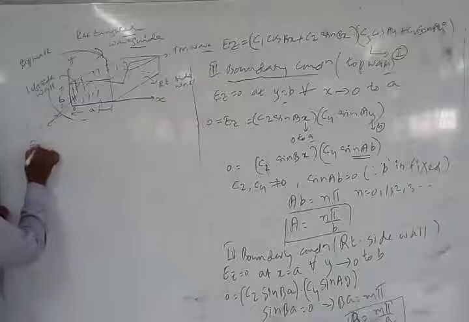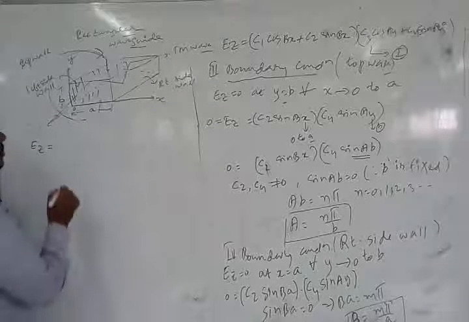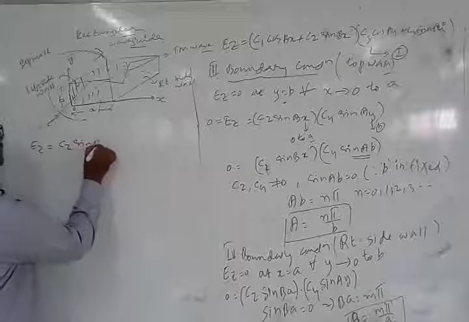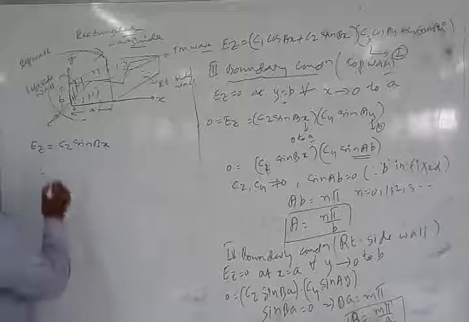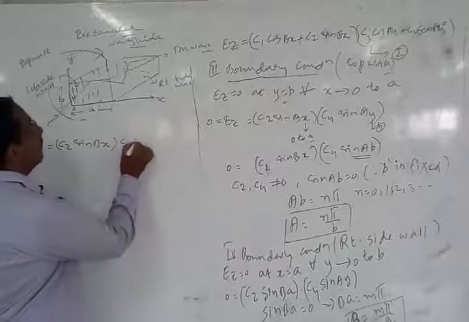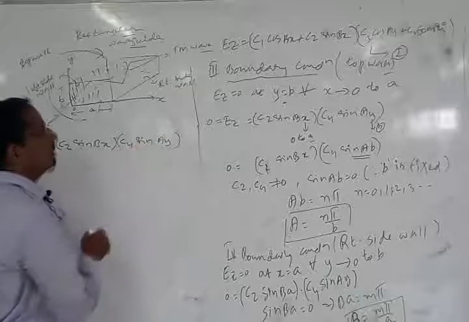So Ez is equal to, now what can I write? C1 has been made equal to 0, therefore that component is eliminated. C2 sin Bx, and C3 is also eliminated, therefore I will have C4 sin Ay. These are the components I have.